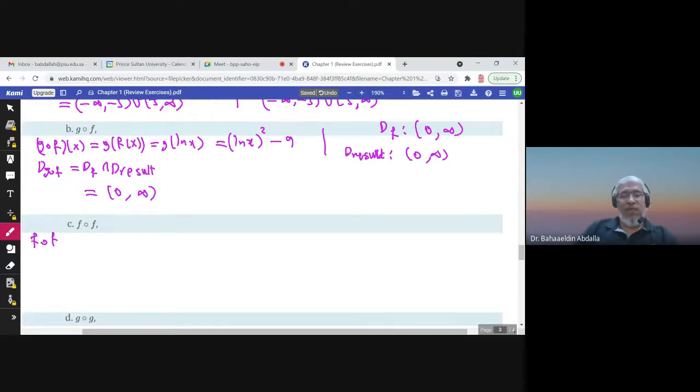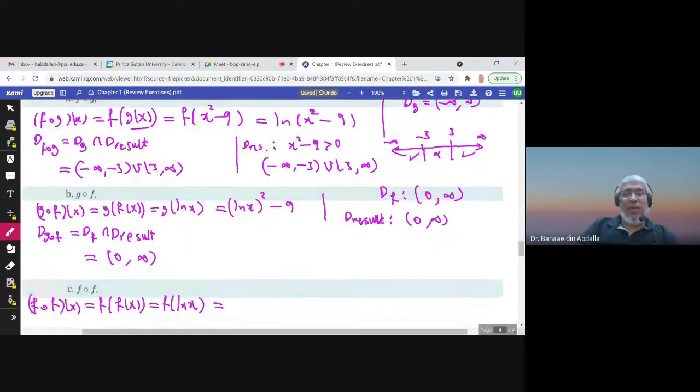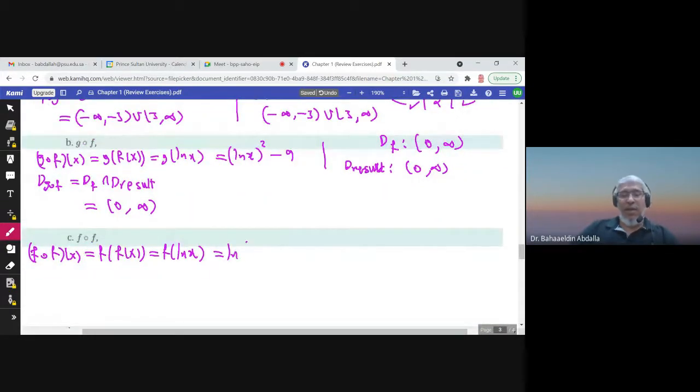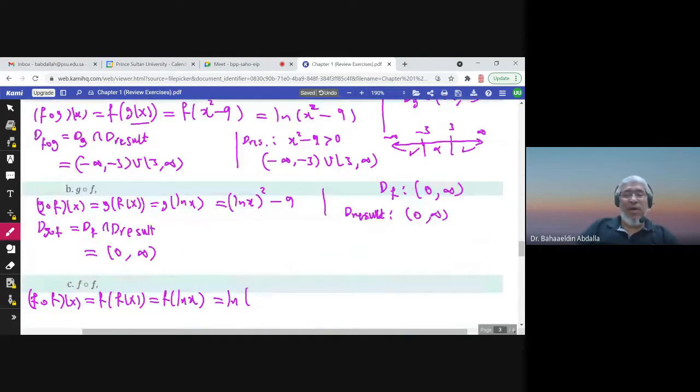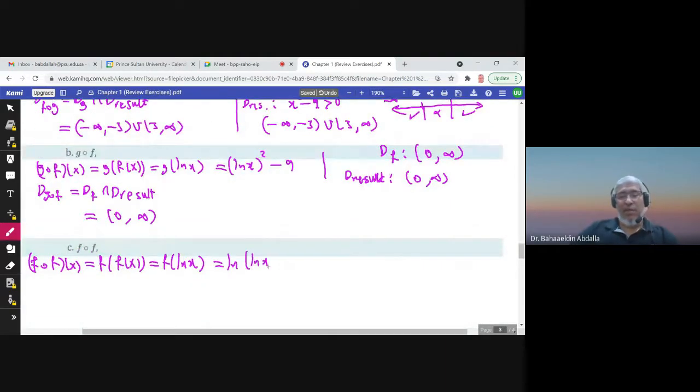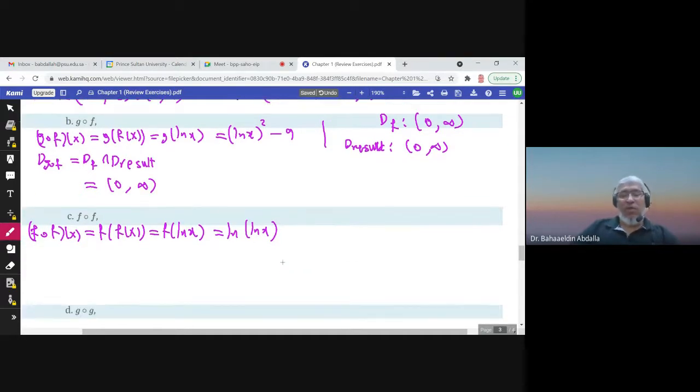f circle f of x would be f of f of x, and f of x is ln x. f of ln x would be ln, and I replace x by ln x. So it would be ln of ln x. Now the domain of f circle f should be equal to the domain of f intersection the domain of the result.